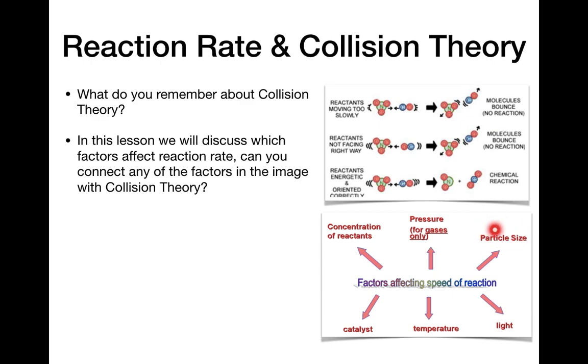If particle size is smaller, then I have more chance of collision, or it's about surface area. A catalyst can affect energy, because of how much energy it takes to make a reaction happen. The temperature increases the energy of the particles and can therefore increase the reaction rate, and light can also increase the energy of the particles, and some reactions require light, such as photosynthesis.